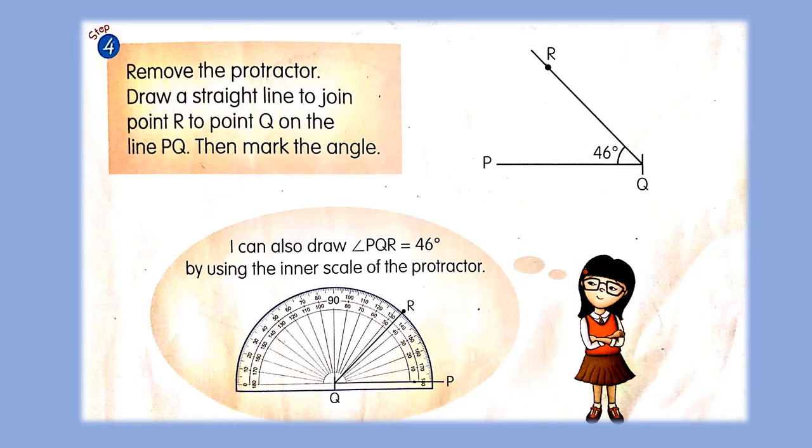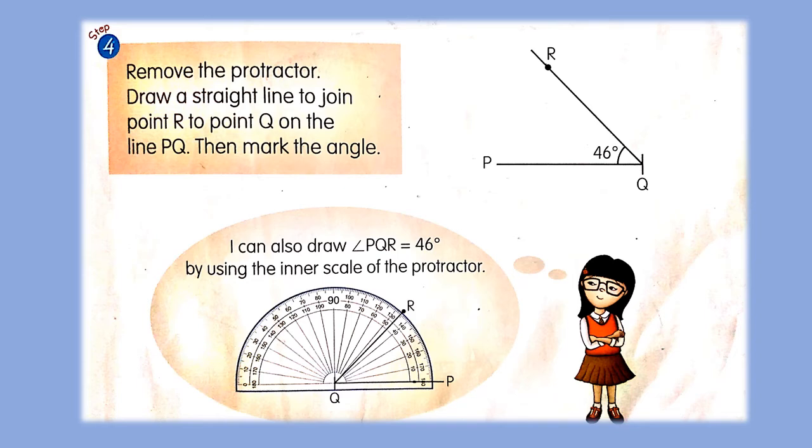Here I have taken this angle as PQR, and the size of the angle PQR equals 46 degrees. Since we drew this line as PQ and considered the right-hand side point as the vertex, we had to consider the outer scale.